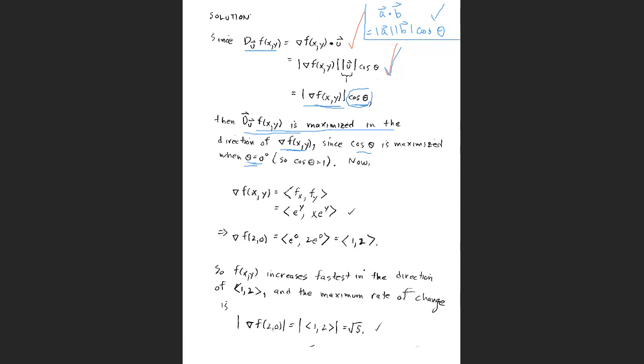So in order to find the maximum rate of change, we look in the direction of the gradient vector. Our surface increases fastest in the direction of the vector 1, 2, and the maximum rate of change is going to be the square root of 5.